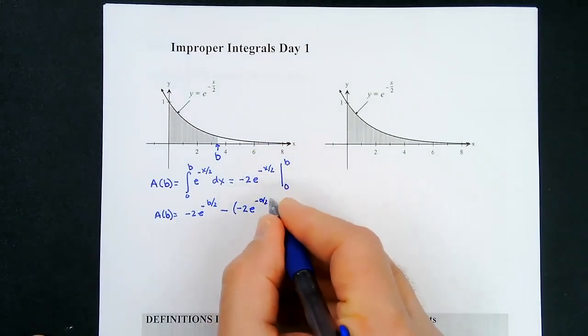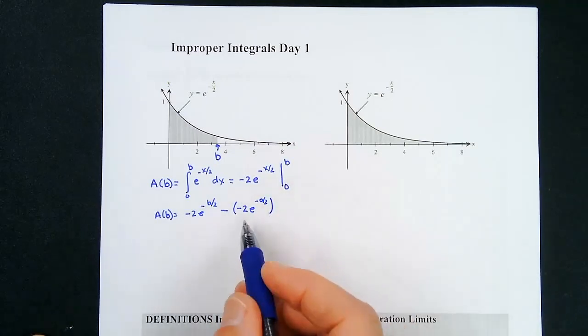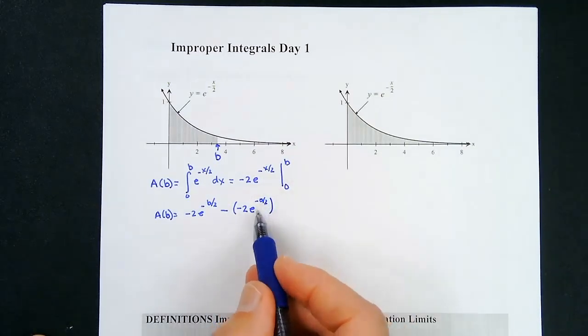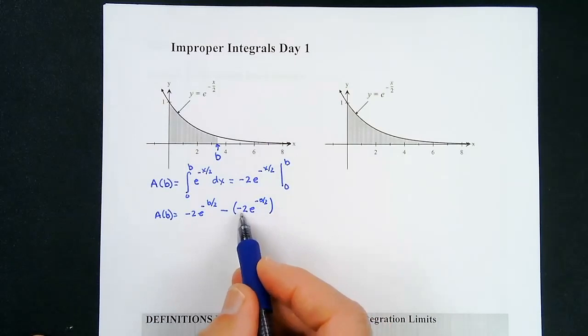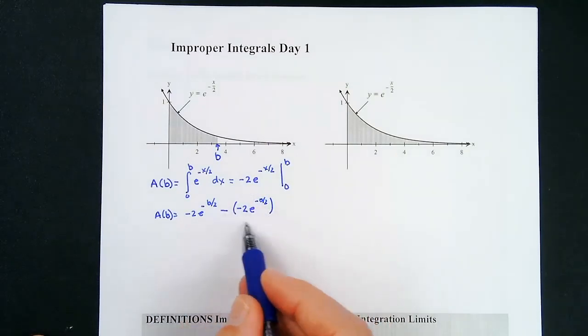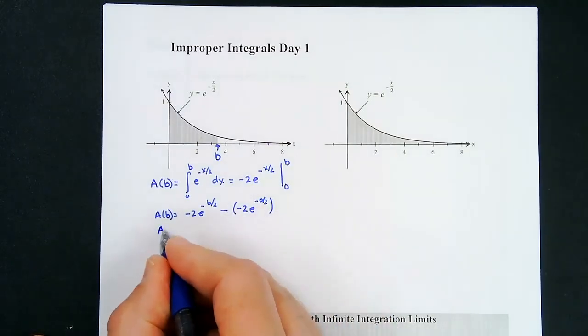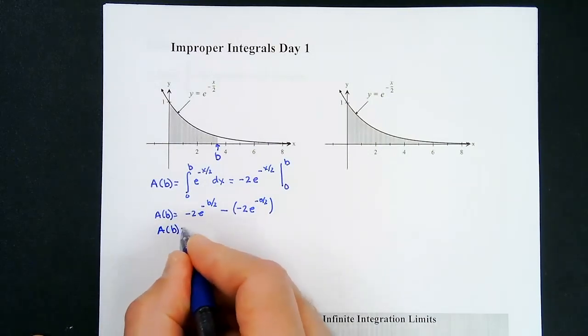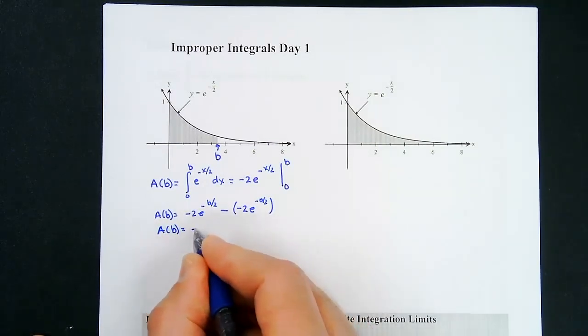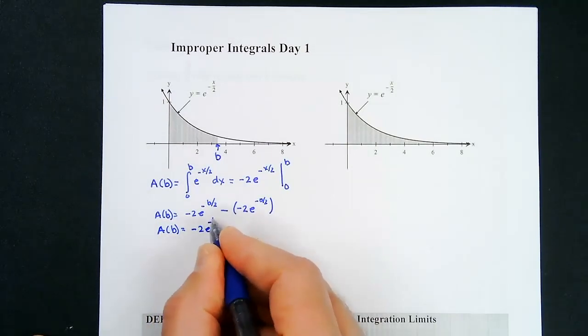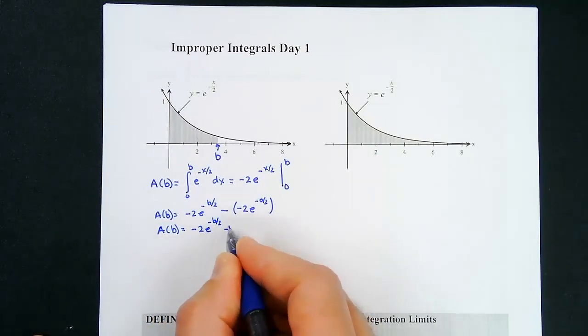That would be e to the 0, and e to the 0 is 1, so this is negative 2, and we're subtracting, so this actually becomes plus 2. So my function that generates the area A of b would be negative 2e to the negative b over 2, and then plus 2.